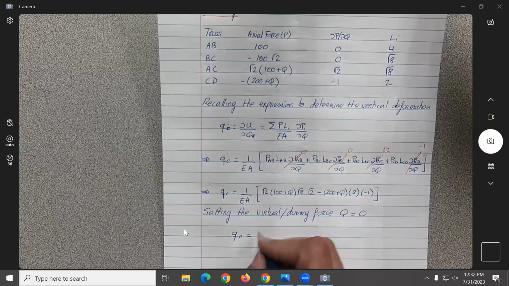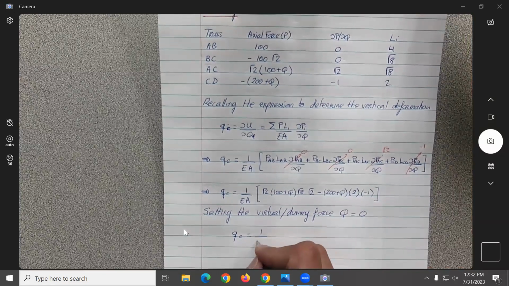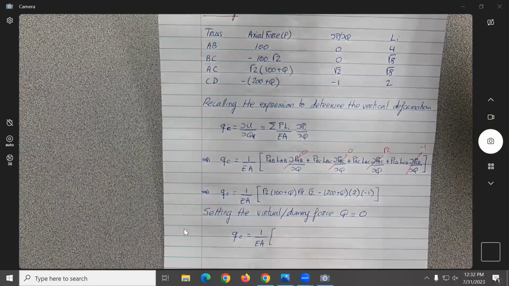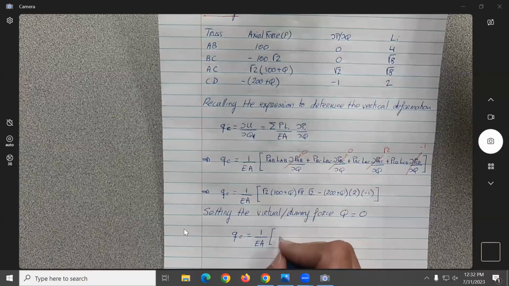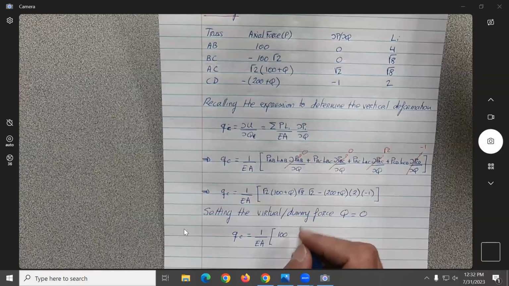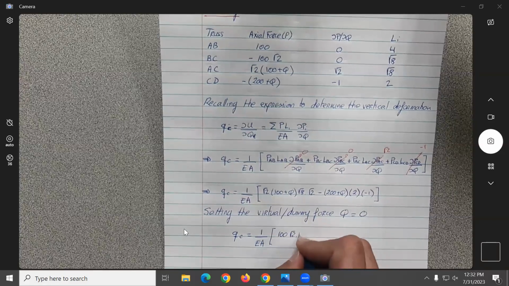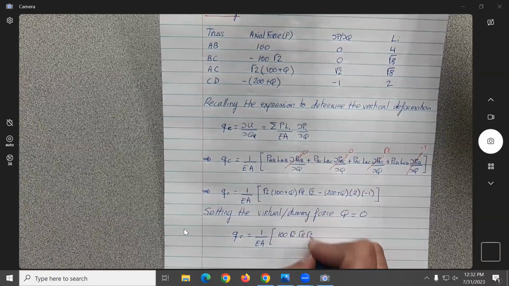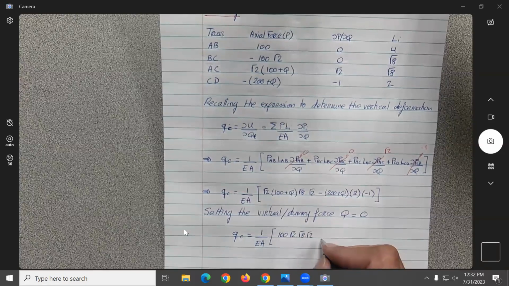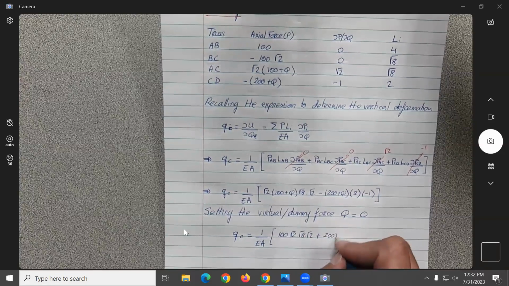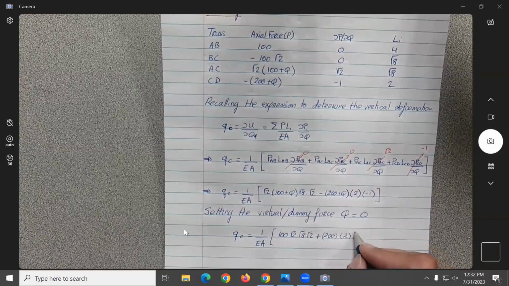will be equal to what? So let's say will be 1 over EA of, so this will be 0, so it will be 100. Let's not make simplifications yet. So it will be 100 square root of 2, square root of 8, square root of 2, plus 200 times 2.